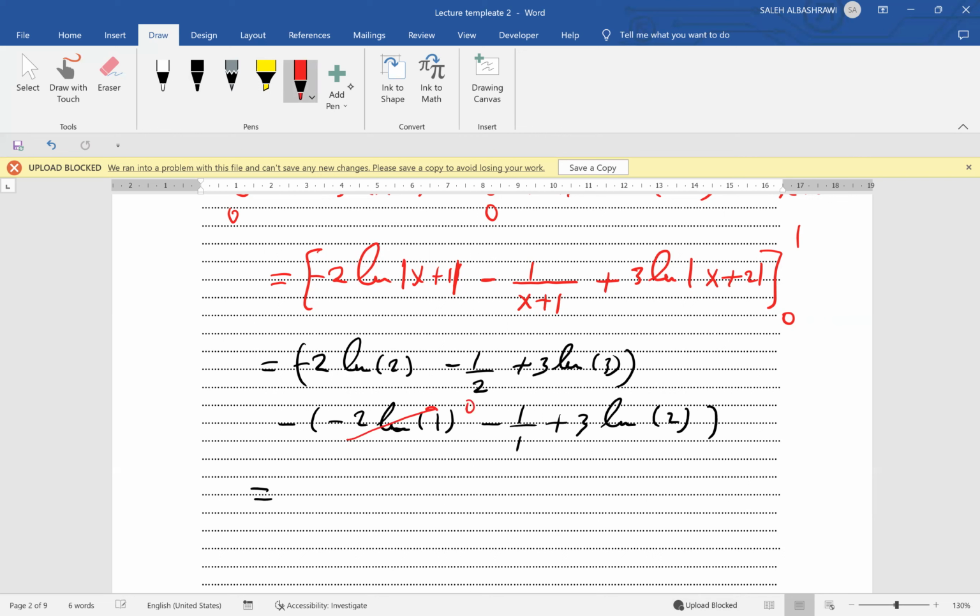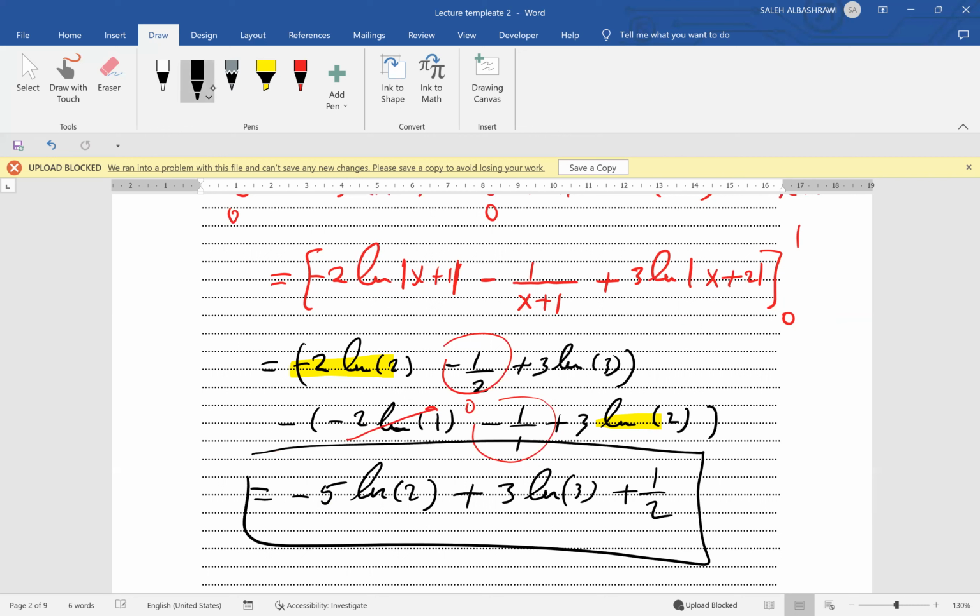Ln of 1 is equal to 0. Minus 1 with minus 5 is equal to 1/2. So in general, this is equal to minus 2 with minus 3 is minus 5, ln of 2, plus 3 ln of 3, and minus half plus 1 is equal to plus 1/2.